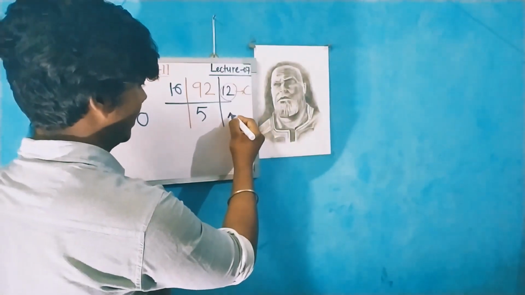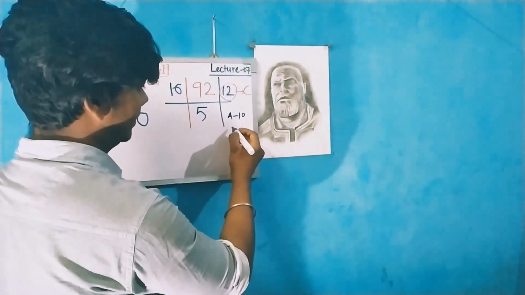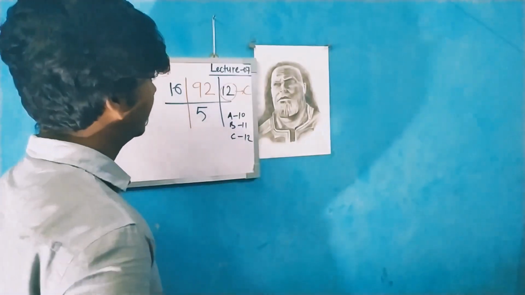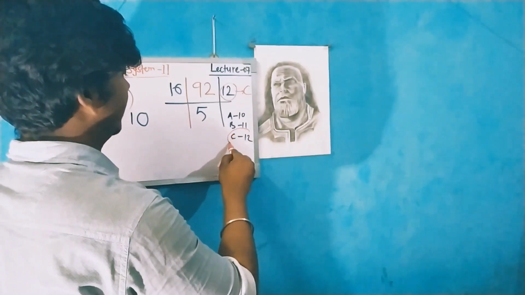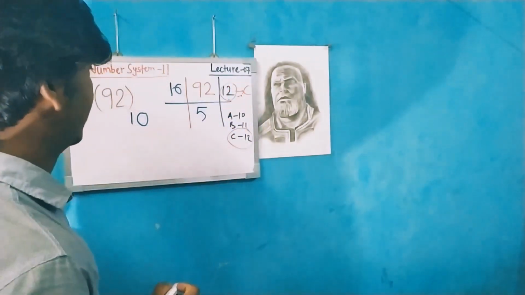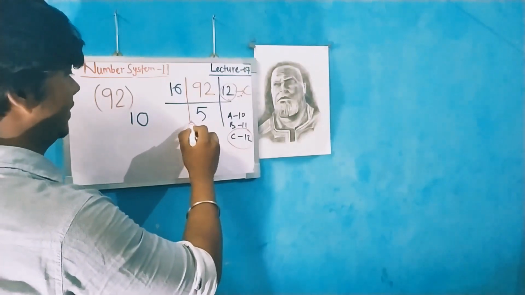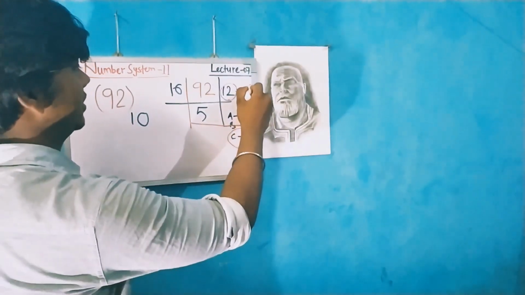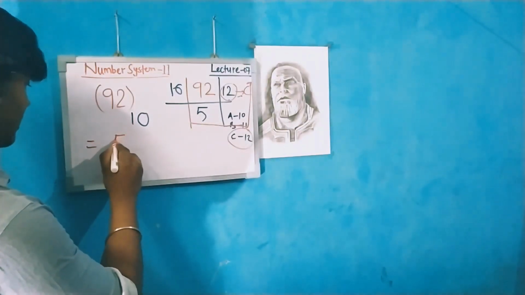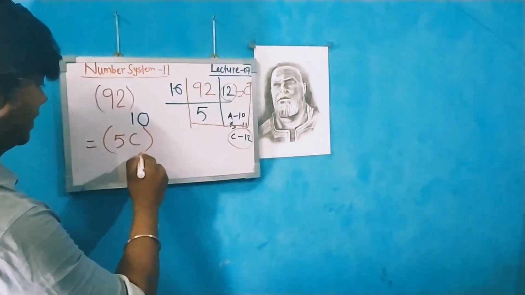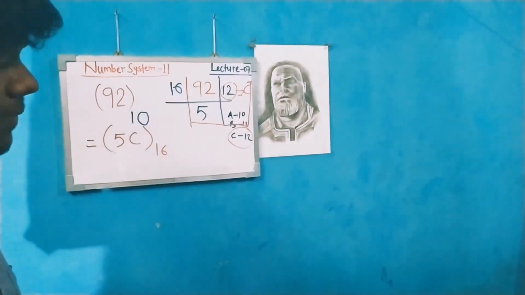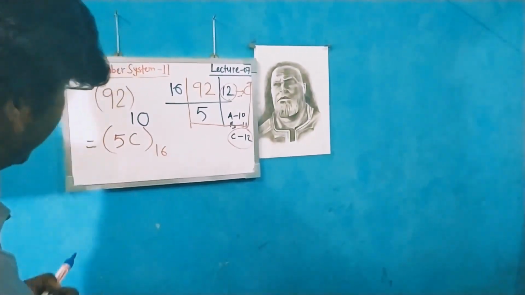For 10 it's A, for 11 it's B, for 12 it's C. So here this 12 is C. Now we write it as 5C in hexadecimal.